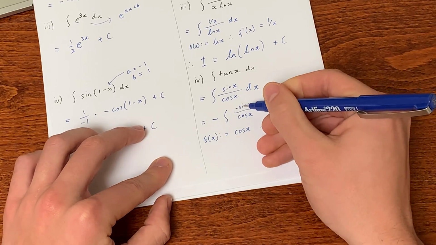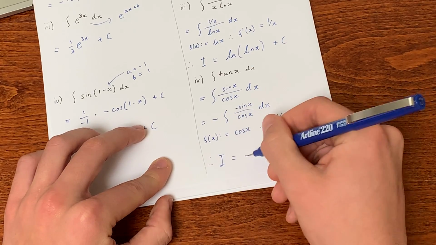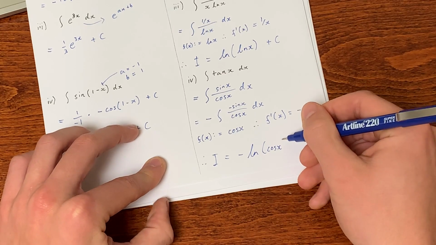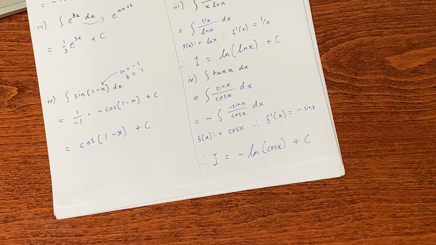So that's why we're making it minus and bringing a negative out the front. So therefore, the whole integral is going to be negative log of cos x plus c.